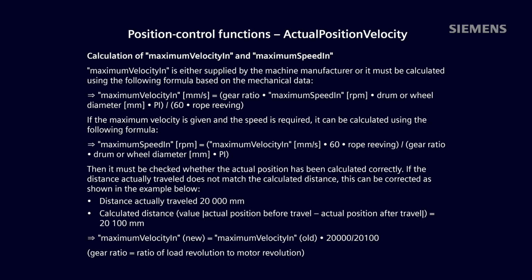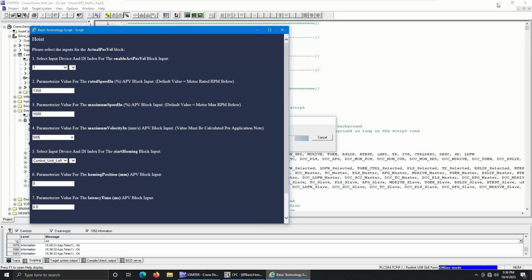You might have to adjust this value after initial commissioning to get the most precise drive operation possible. However, the initially calculated value should be very close to the actual maximum velocity of the drive in millimeters per second. The last inputs to set up on the APV block are the homing related bits.